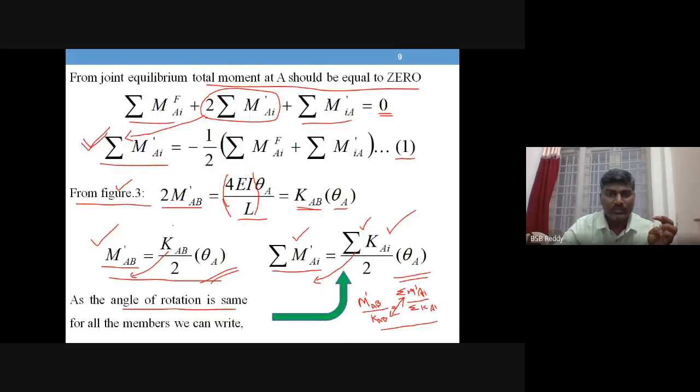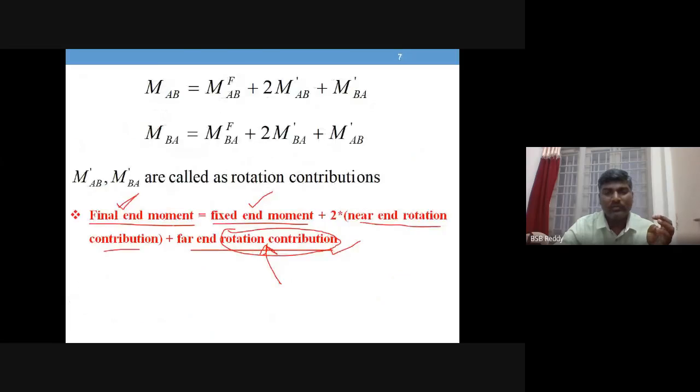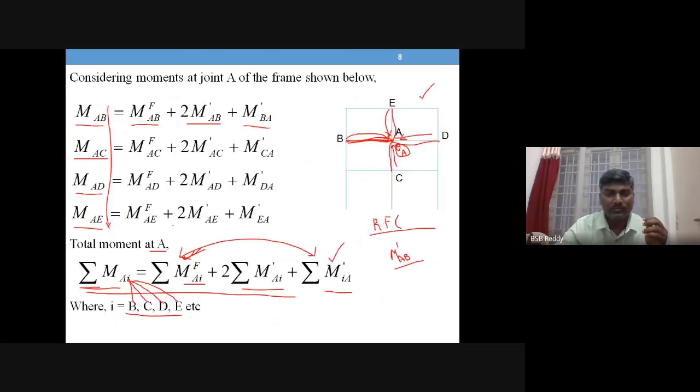So this is a brief recall of what happened in this session. We have concentrated on what is meant by rotation factor, what its value is, and what the total rotation factor value at a joint should be.